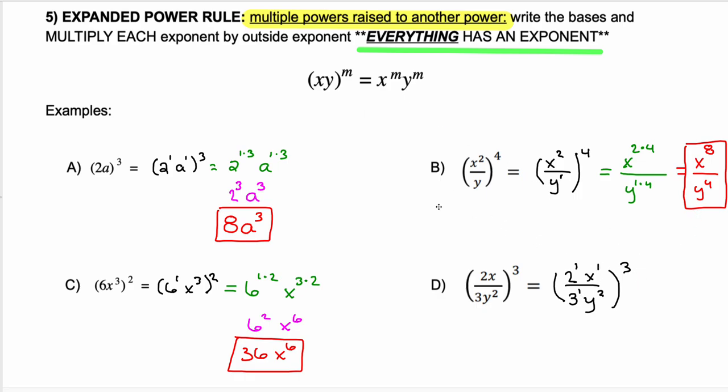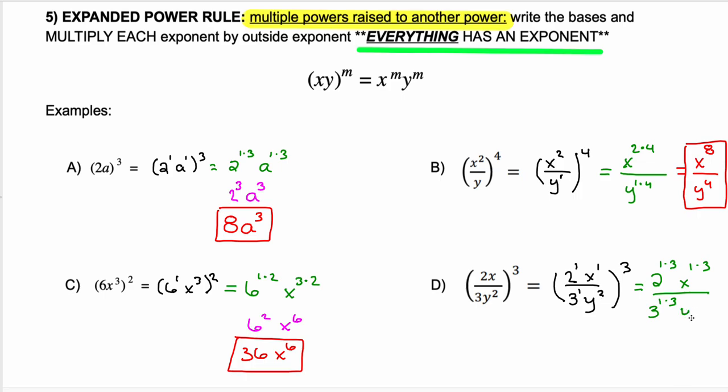Now that we've done that, we can do the expanded power rule. This will become the base of 2 raised to the 1 times 3. Then we have the base of x raised to the 1 times 3, divided by a base of 3 raised to the 1 times 3.